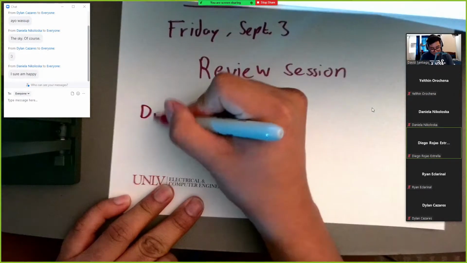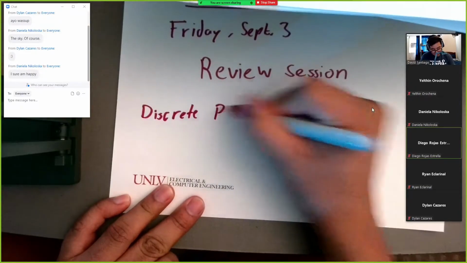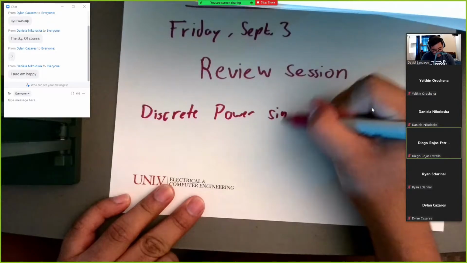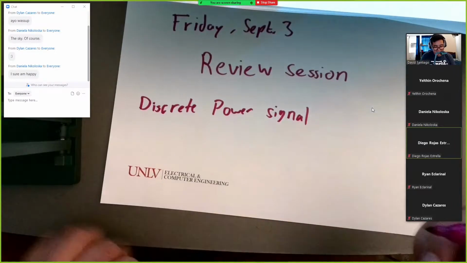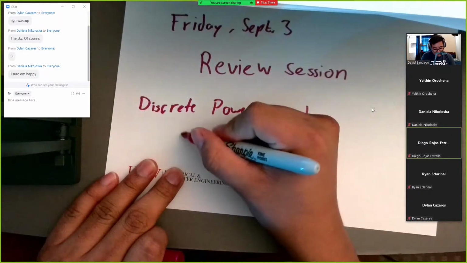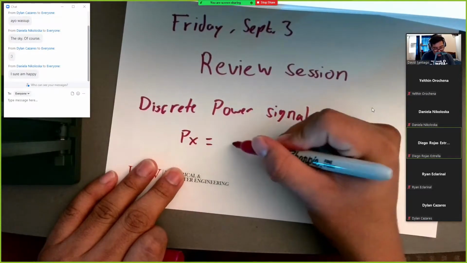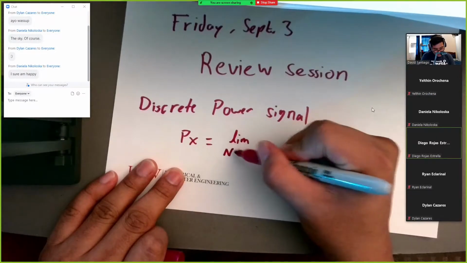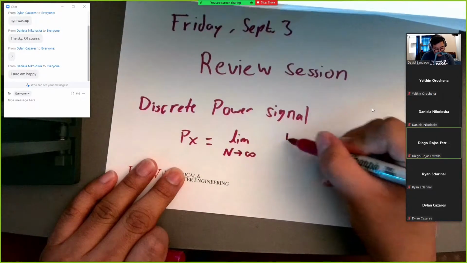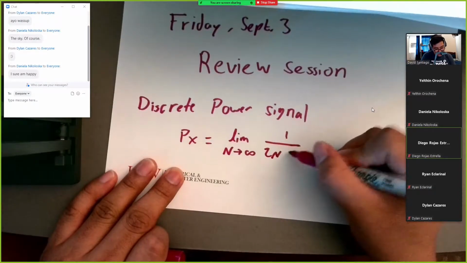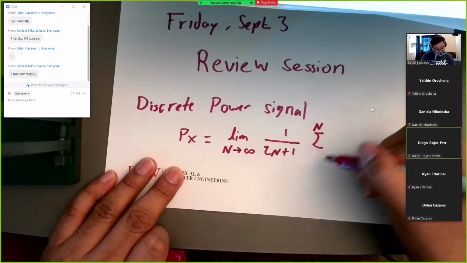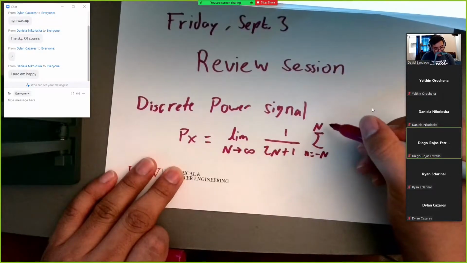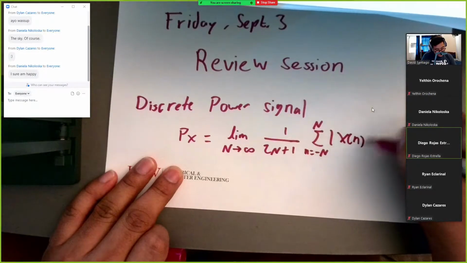If I were to give you a discrete power signal, and if you were to type this in written English, it's basically defined as P of x, which is equal to the limit as N goes to infinity of 1 divided by 2N plus 1, and we're doing a sigma summation symbol from n equals minus N to N of |x[n]| squared.